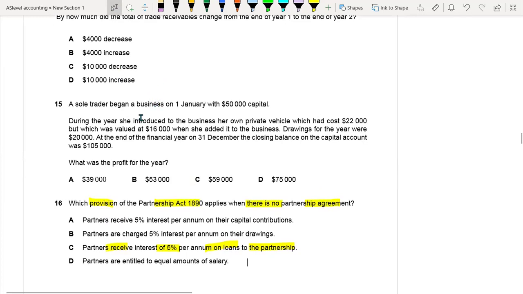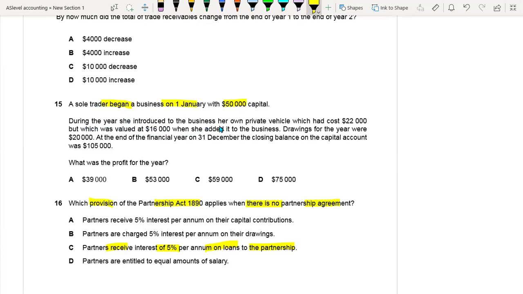After that, we are going to find out the profit for the year for the sole trader. Okay, this is easy. So let's find out. A trader began a business on 1st January with 50,000 capital. So this is the opening capital.